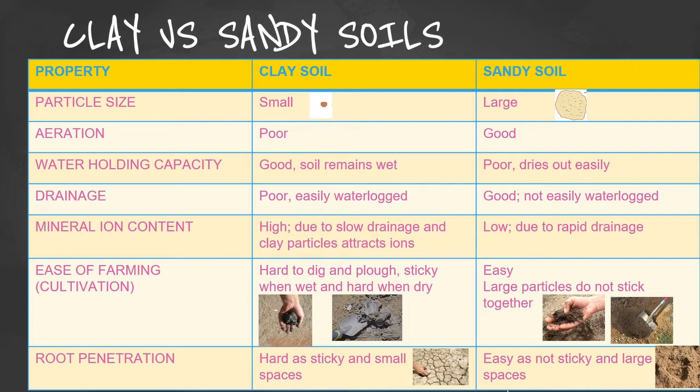It's very easy to plow and dig. Root penetration in clay soil is very hard because they have very sticky and small spaces. Sandy soil is easily penetrated by roots as it is not sticky and it has large spaces.